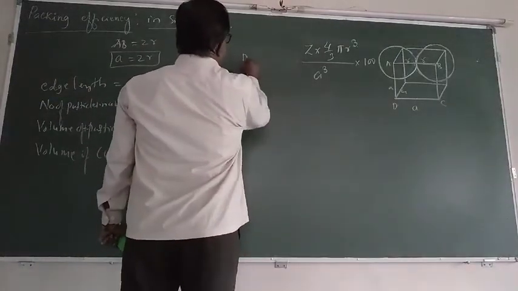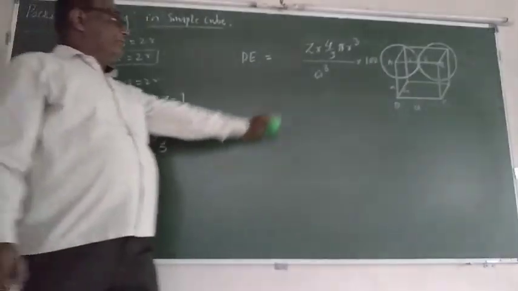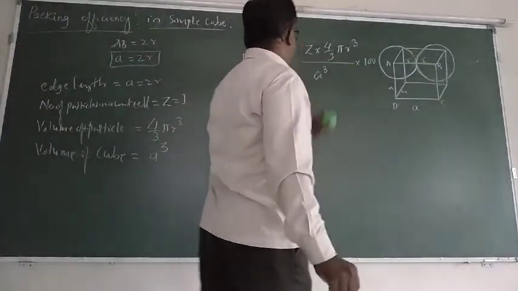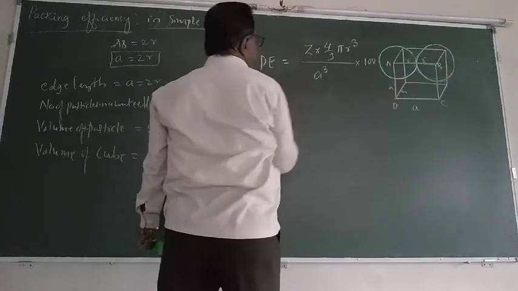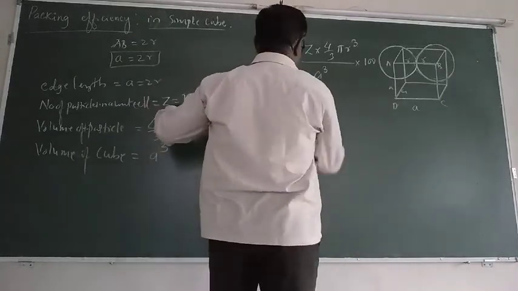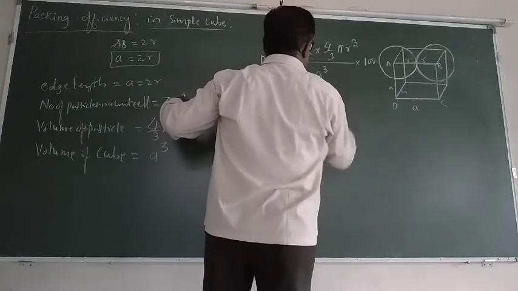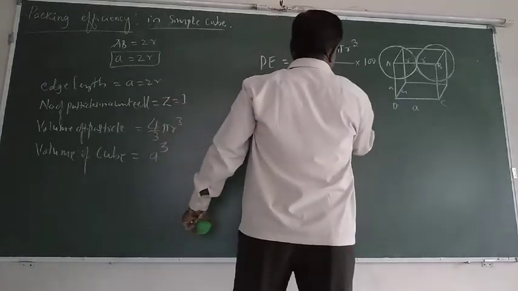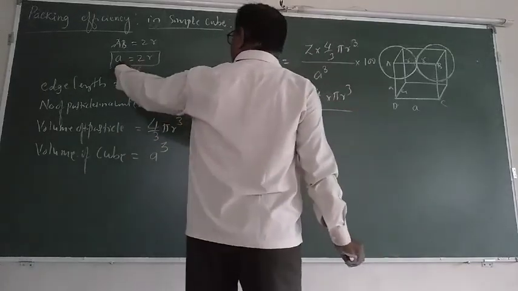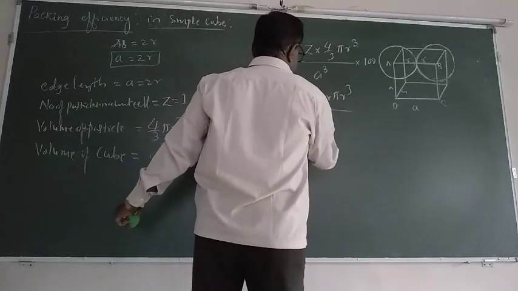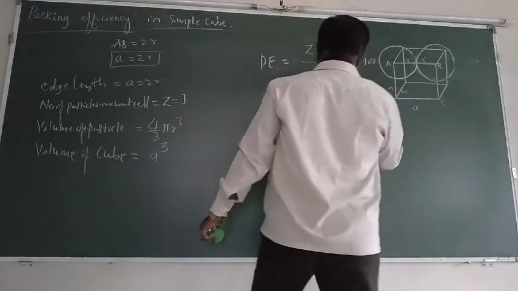Packing efficiency is equal to Z into 4 by 3 pi r cube divided by a cube. Now, what is the value of Z? 1 into 4 by 3 into pi r cube divided by, what is the value of A? A is equal to 2r whole cube, into 100.